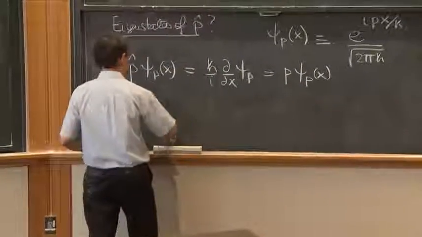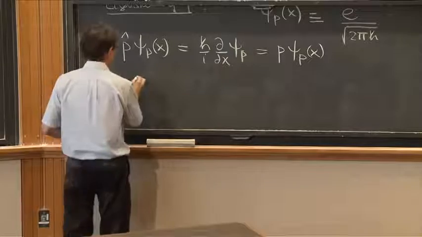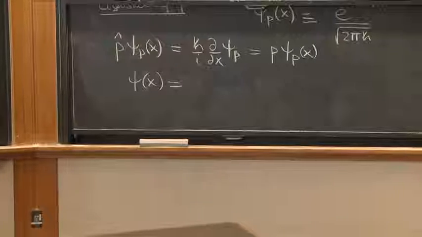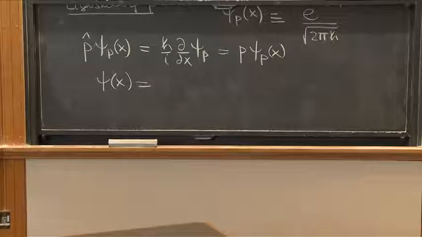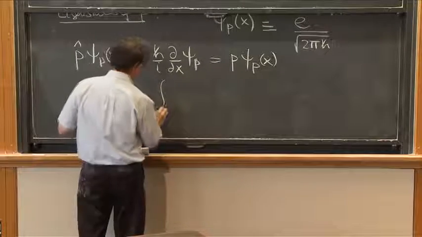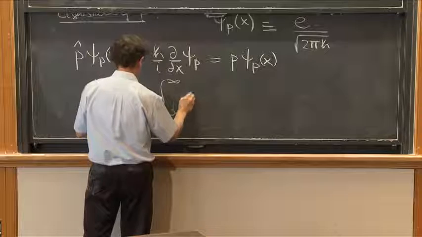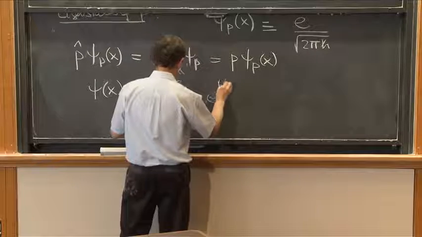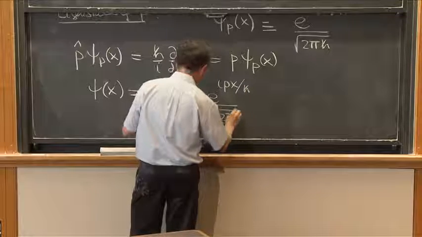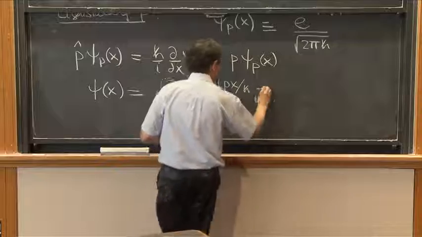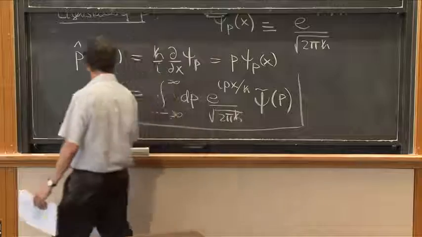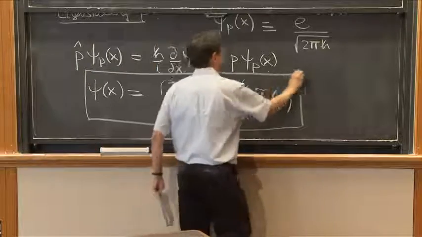I'll write any psi of x physically can be represented as a sum of momentum eigenstates. Therefore, that's Fourier's theorem, the integral from minus infinity to infinity dp e to the ipx over h bar, over square root of 2 pi h bar, psi tilde of p. That's the Fourier transformation, which defines psi tilde of p.